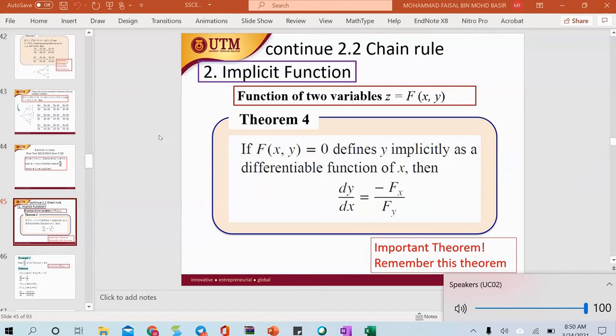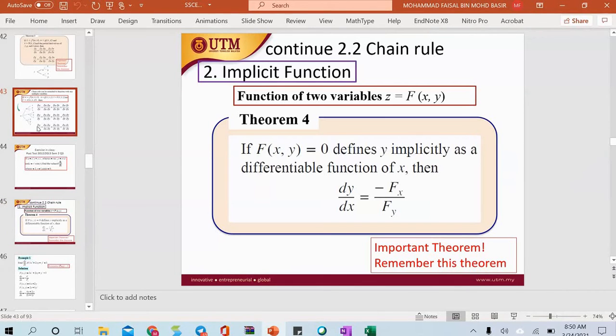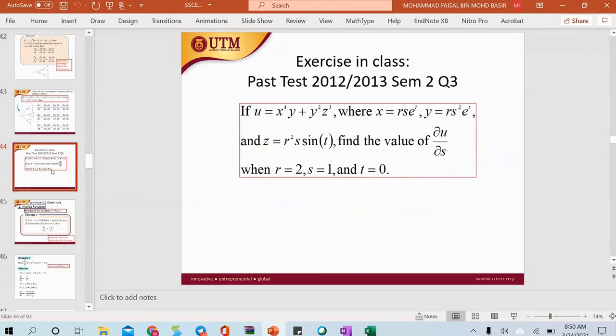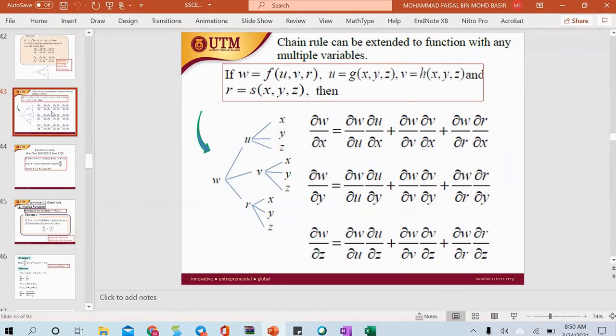Doctor, I am a bit confused. Actually, after we calculate del z over del x, del z over del y, and del z over del... Can you specify the question? After calculating all the three values, do we have to add them at last? These three, del w over del x, del w over del y... Oh, no need to add this because it's according to the question.